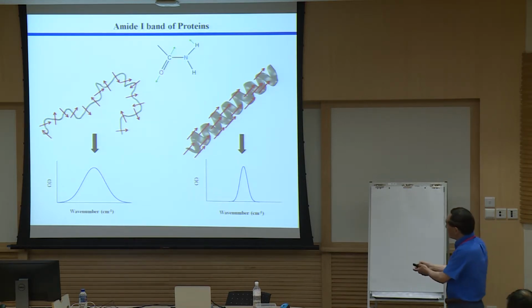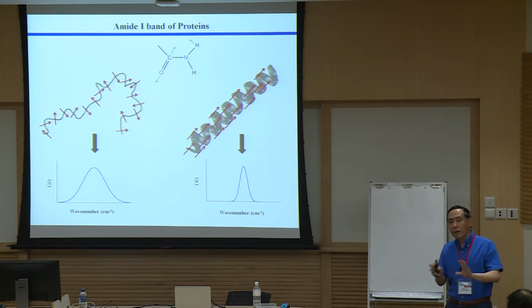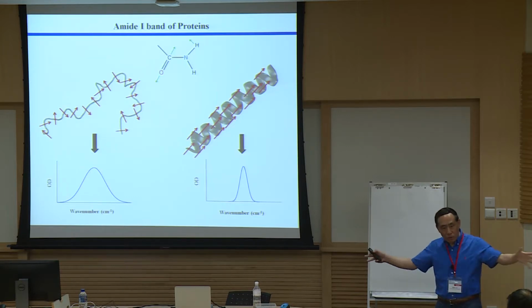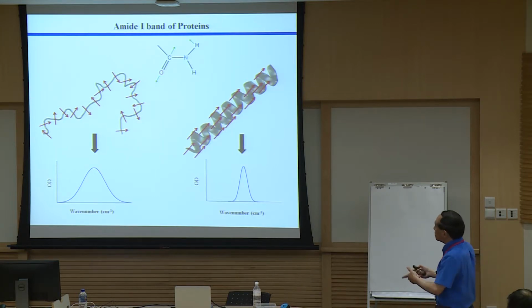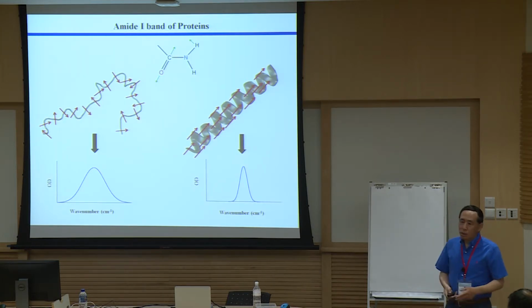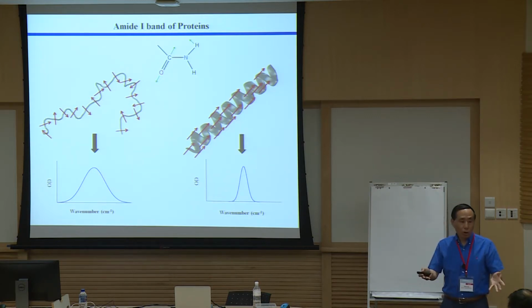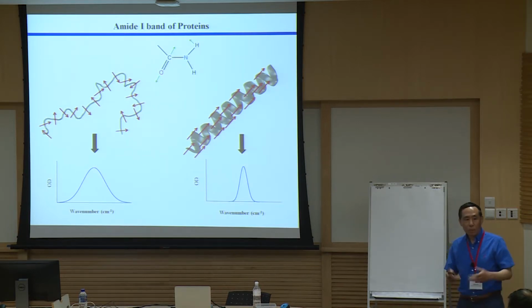Upon forming, for example, an alpha helix structure, you put those transition dipole moments in much more well-defined patterns, so that the exciton coupling would make the band narrow, shift, and split. So that is the reason it is sensitive to conformation. Of course, in the language of Professor Dongping Zhong, the interaction between the vibrator and the surrounding water also plays a very important role in shaping the final vibrational feature of the transition.